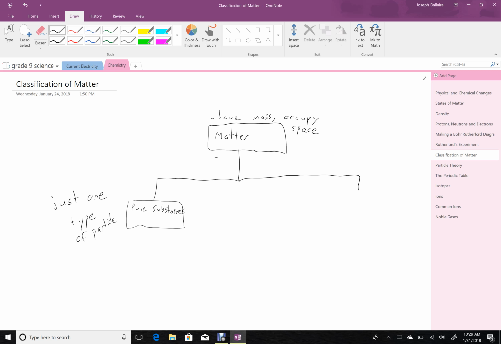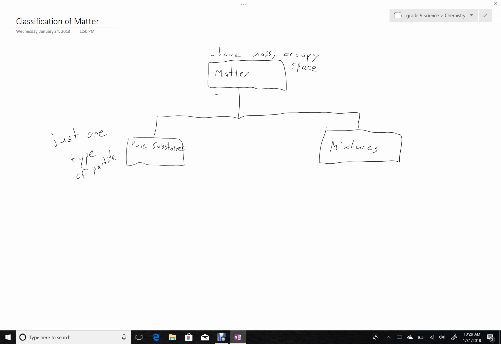That particle might be comprised of different atoms, but every one of those individual particles is the exact same. Alternatively, we have mixtures. These are different substances mixed together.